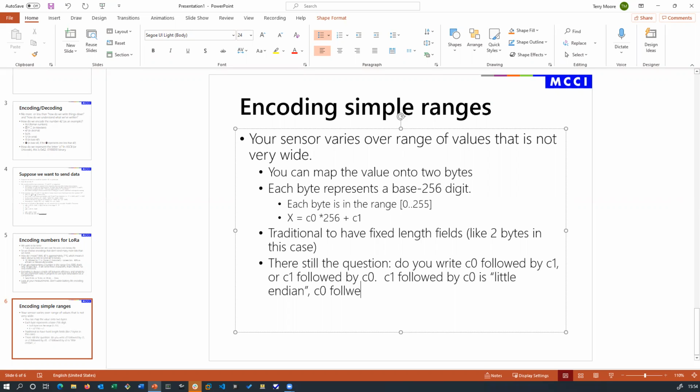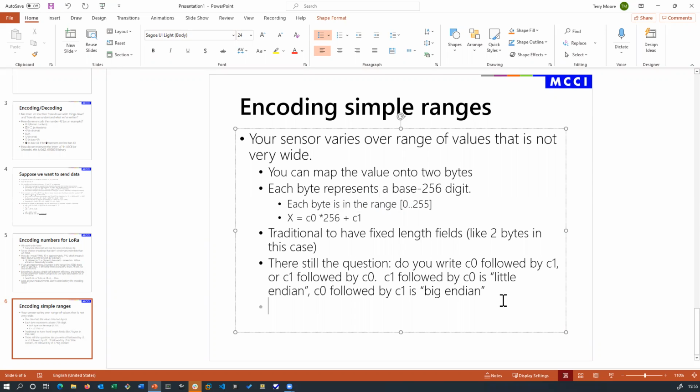C0 followed by C1 is big endian, because C0 is the bigger value, since it's multiplied by 256. Big is first, and little endian is the littlest first.